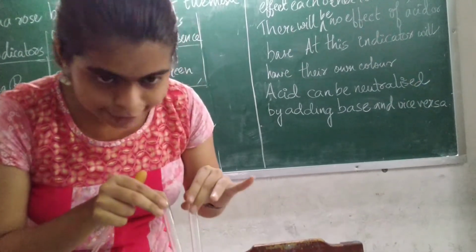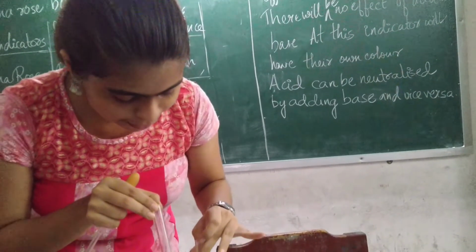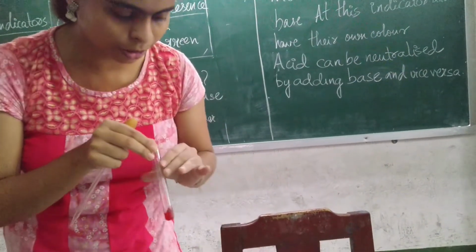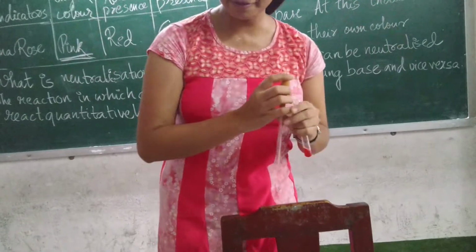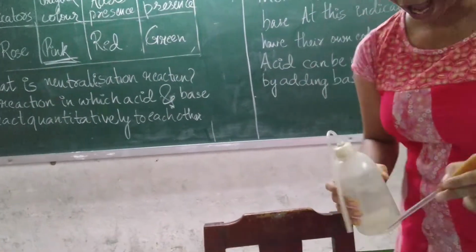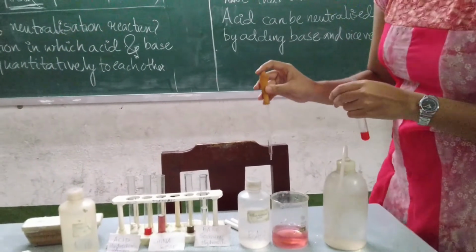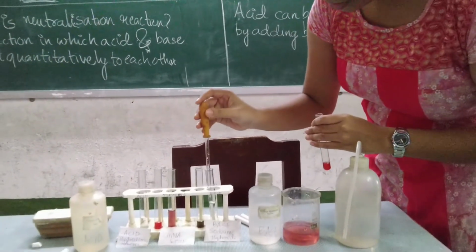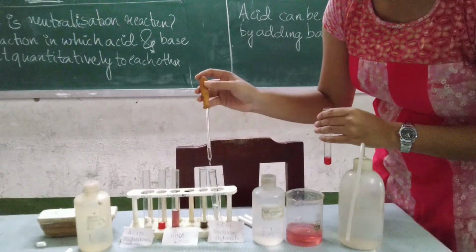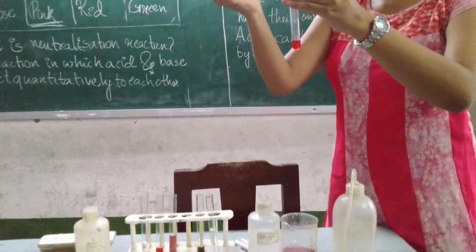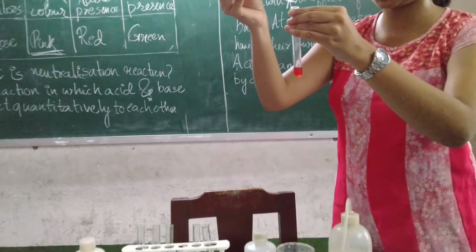This is the acid color in presence of China rose. Now I will add base to it, which means I will do the neutralization reaction. Let's see what will happen. Will the indicator change its color or not?